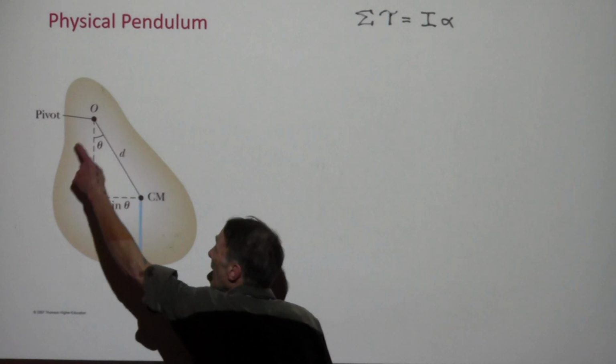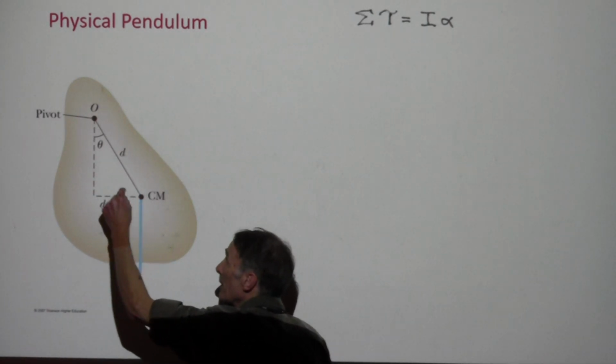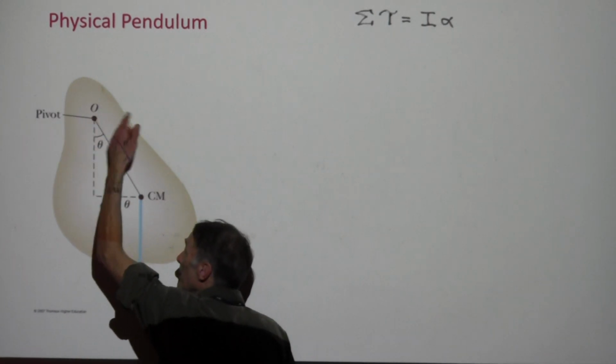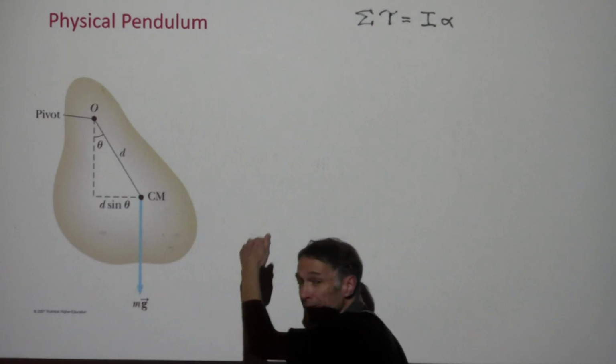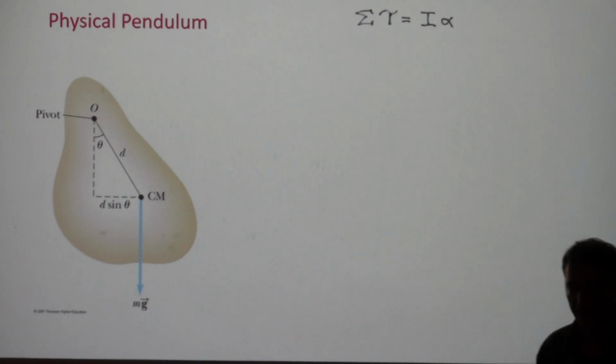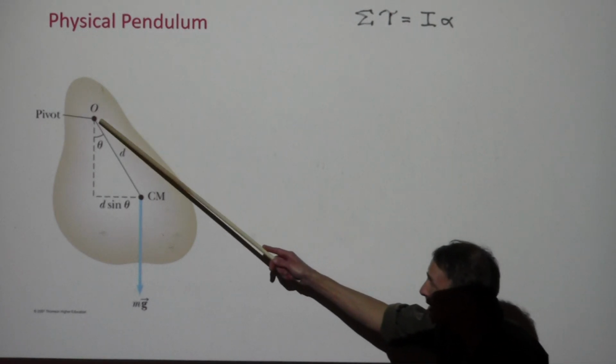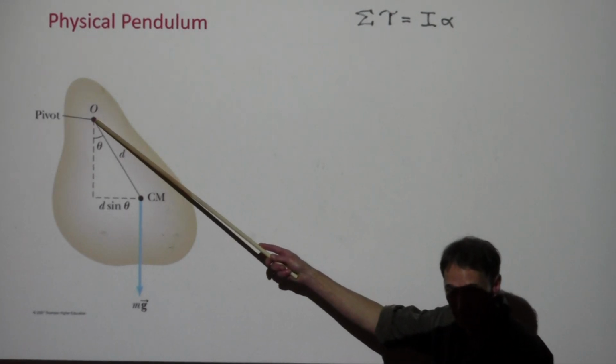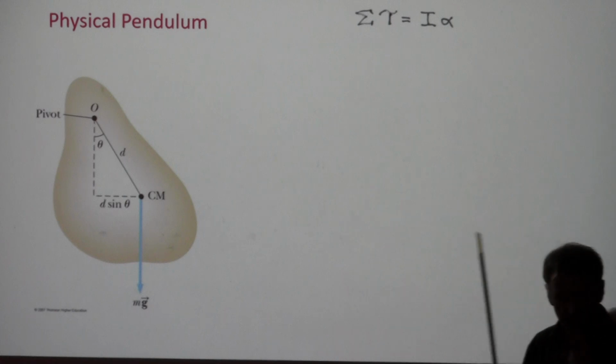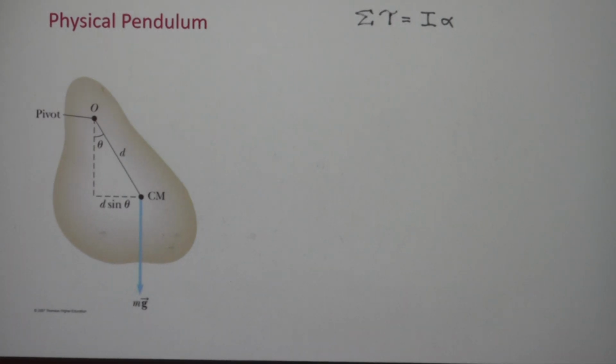But if this was a disk and its center is here, but I drive a nail through it up here, this whole thing could then oscillate around that point. And the torques are going to be around that point that it pivots. So parallel axis theorem is an important tool in dealing with that.